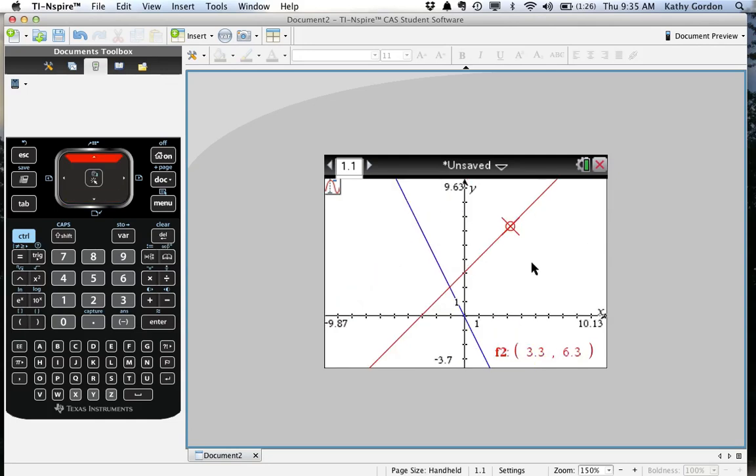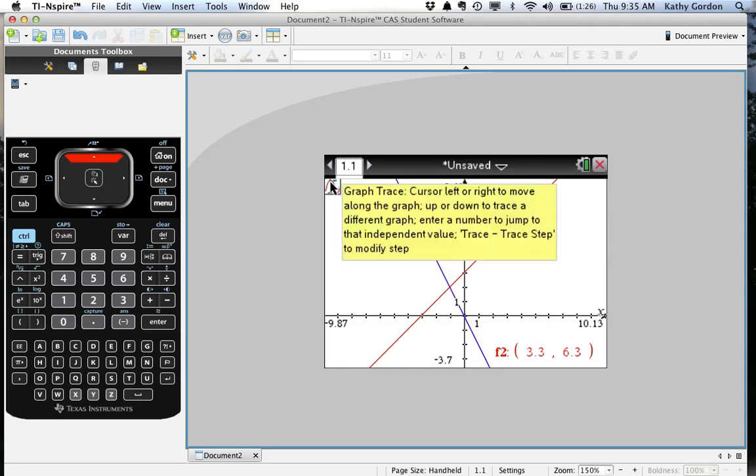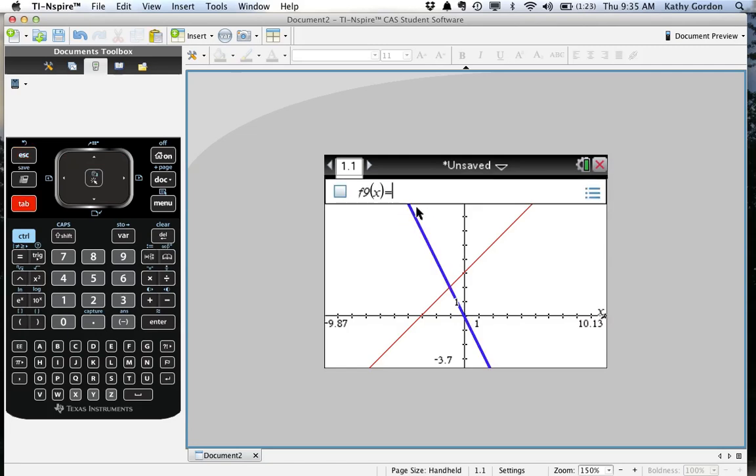Okay, so the idea is if I took all of those answers that I get by adding the y coordinates for each particular x coordinate, what kind of equation would I get from that? Okay, so we're going to go in here and we're going to say I want to take f1 of x plus f2 of x.